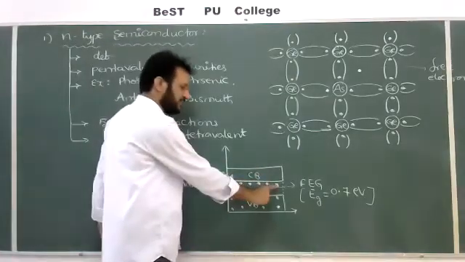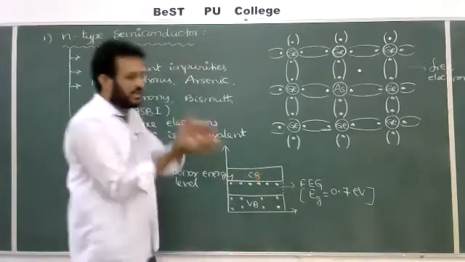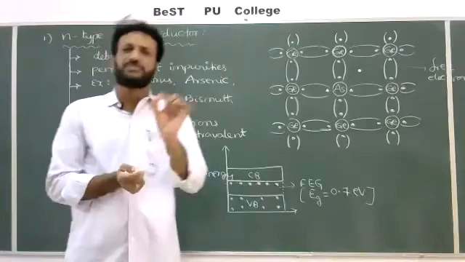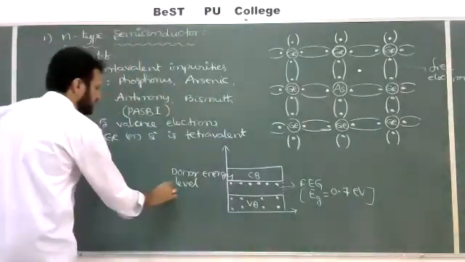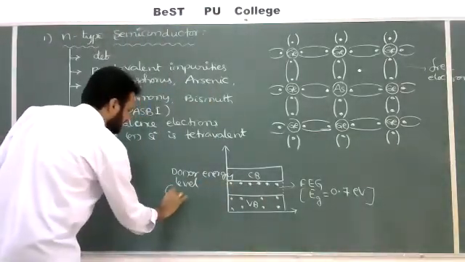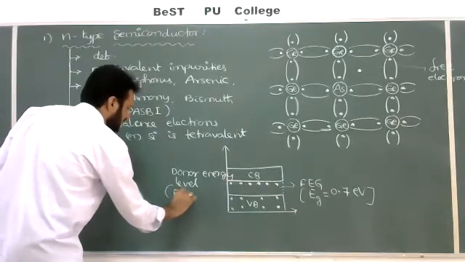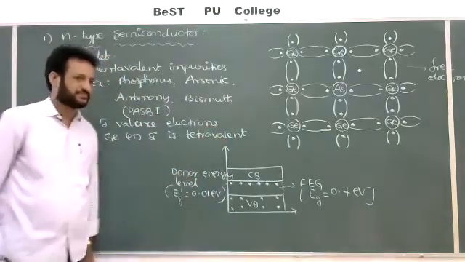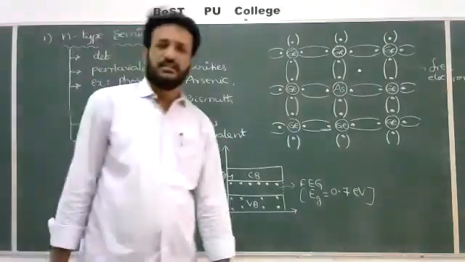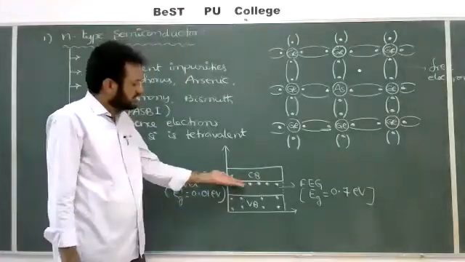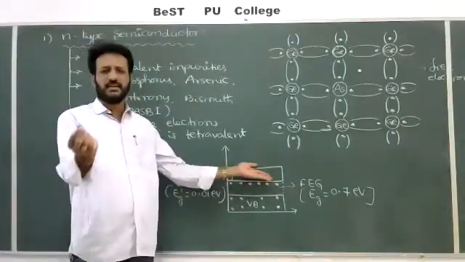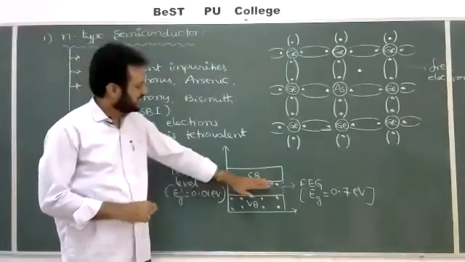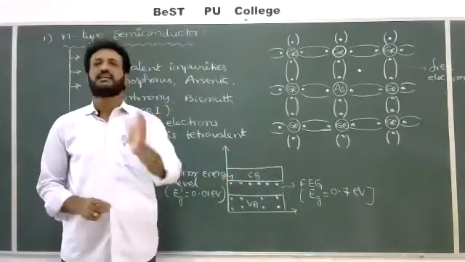Between the donor energy level and the bottom of the conduction band, there is also a small energy gap, Eg dash, which we can write as 0.01 electron volt, a very small value. So these electrons can easily jump to the conduction band. Even if you give a very small amount of energy, they can jump to the conduction band, which causes electric current.